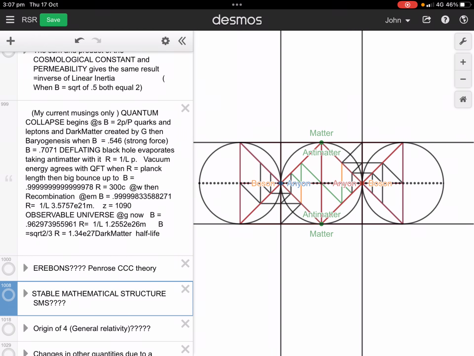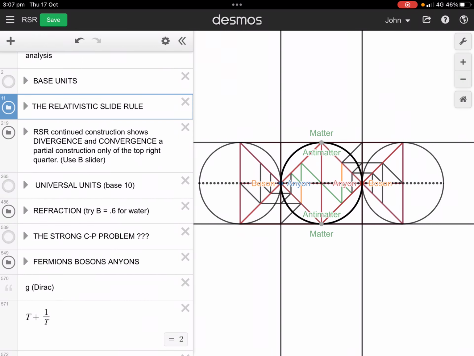So the universe would have started with one of these, which then just replicates the quantum realm, just replicating, and then when it collapses you start getting matter, and the antimatter just stays in the quantum realm.